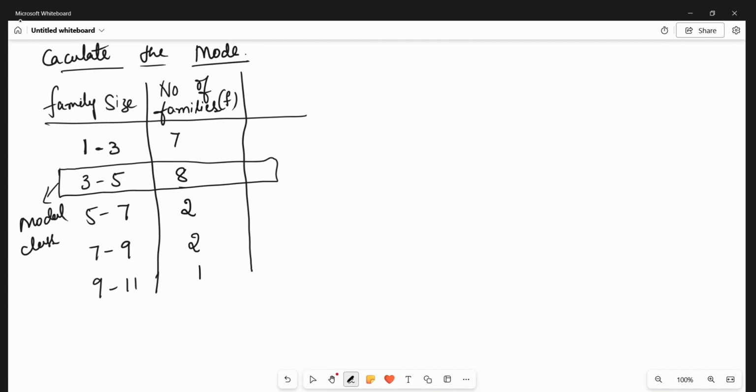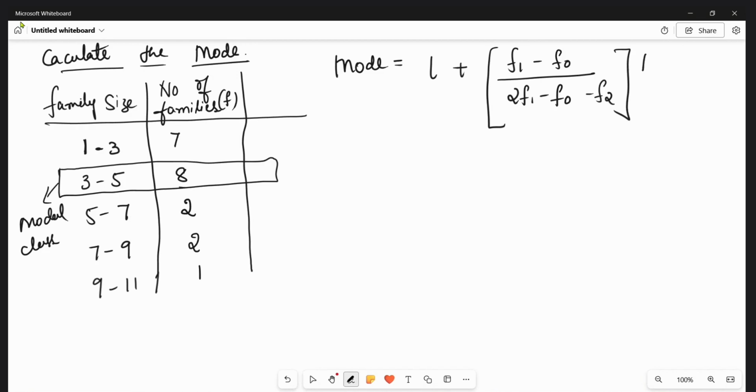We know the formula: mode is equal to L plus (F1 minus F0) by (2 times F1 minus F0 minus F2), into H. L is the lower limit of the modal class, so it is 3. H is the size of the class interval, 3 minus 1 is 2, 5 minus 3 is 2, so H is equal to 2.